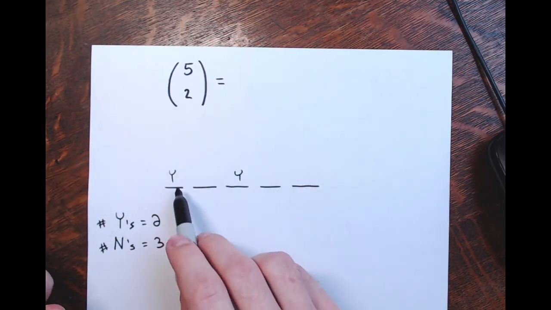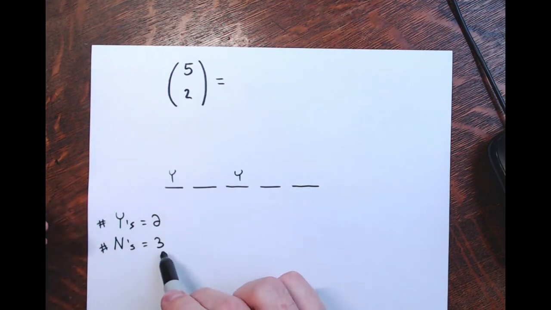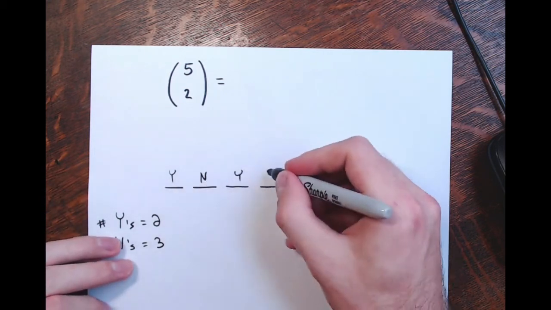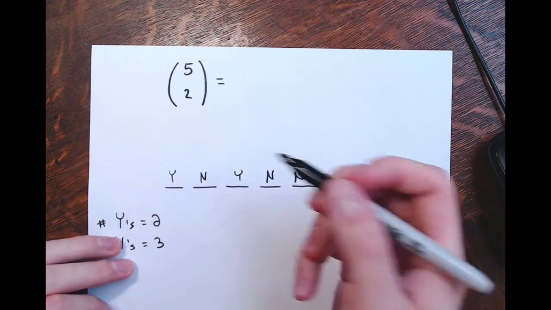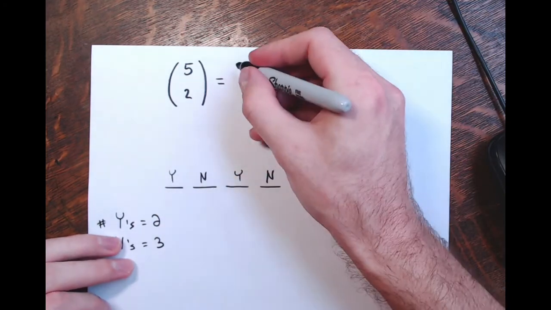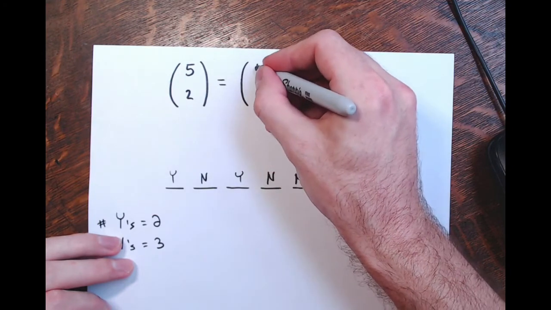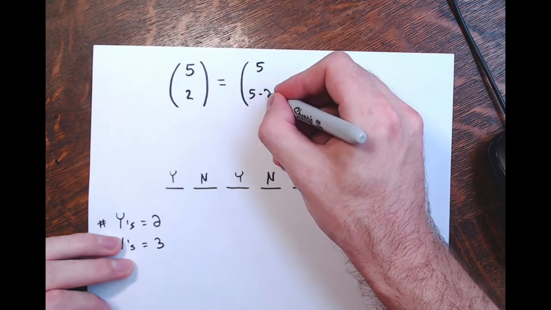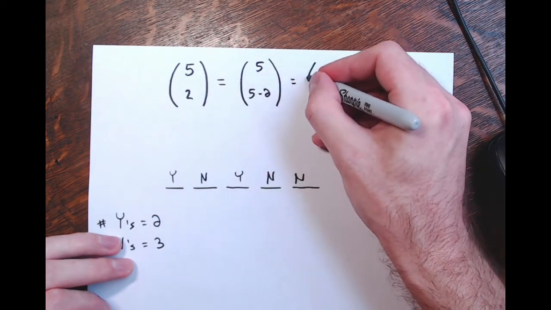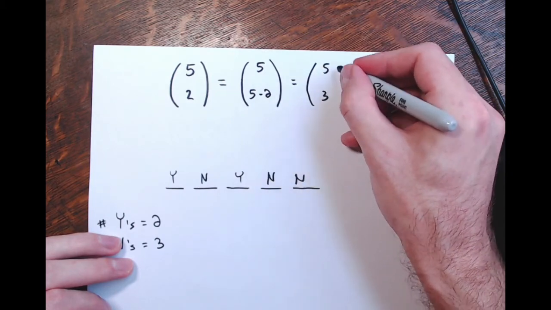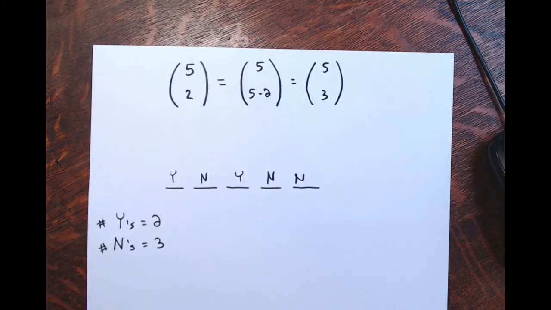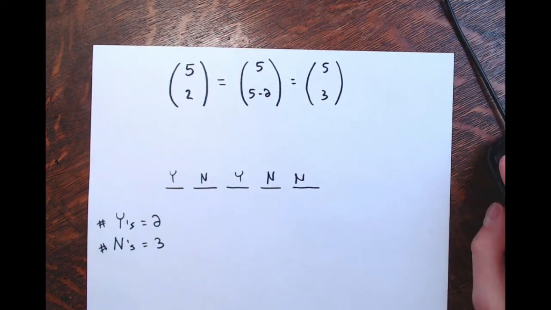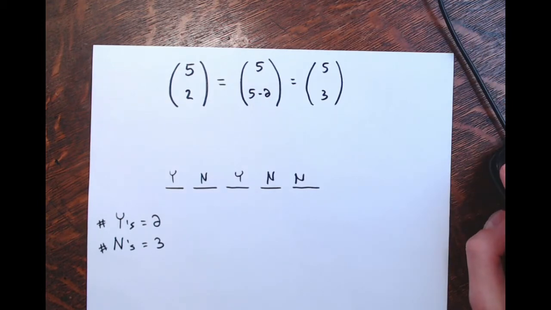Well, instead of choosing where the y's go, I could have also just chosen where the n's go. Say choose these 3 spots for the n's, then the y's have to go here. So 5 choose 2 is the same as 5 choose 5 minus 2, or 5 choose 3. And again, you've seen this. This identity has been shown to you before in chapter 10.